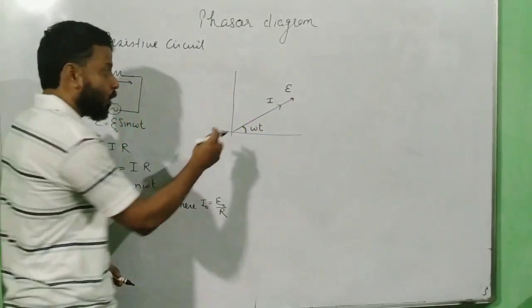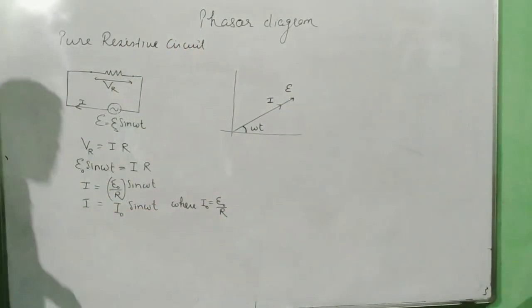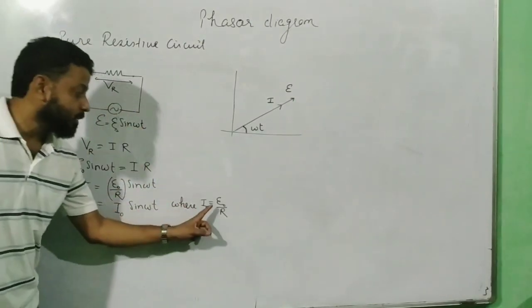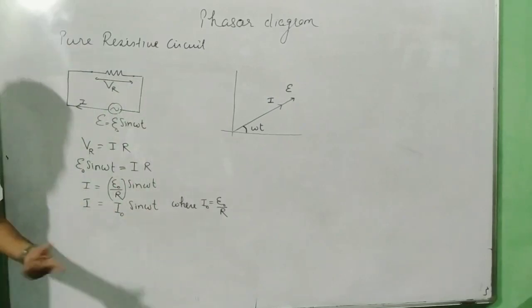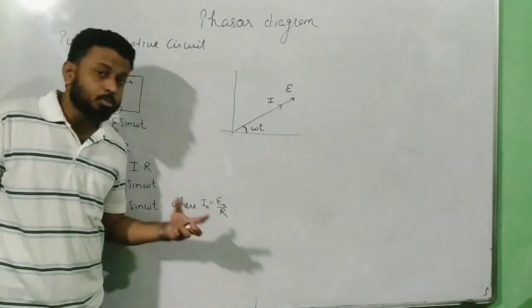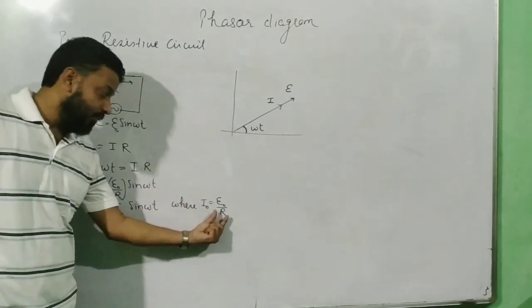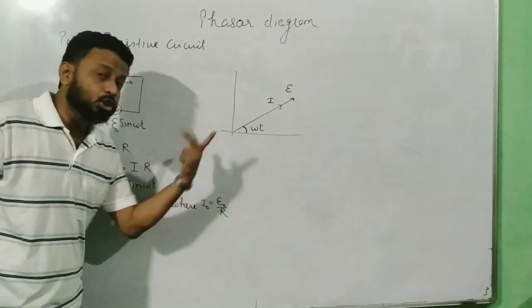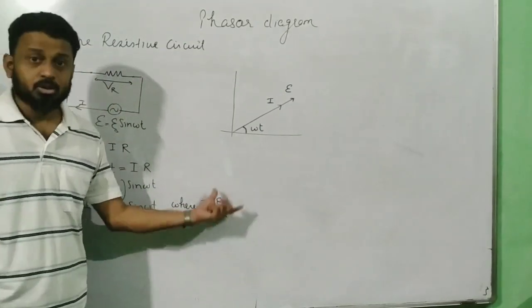I could have drawn I longer than E. That's not a big problem. See, that is where the I naught comes into the picture. Right now I am assuming that E naught by R is less than E naught, if I am assuming R to be more than 1 ohm, 2 ohm, 3 ohm. If R is 1, then I naught and E naught will have the same value. If R is 2, that means I naught will be less than E naught, because we are dividing it.